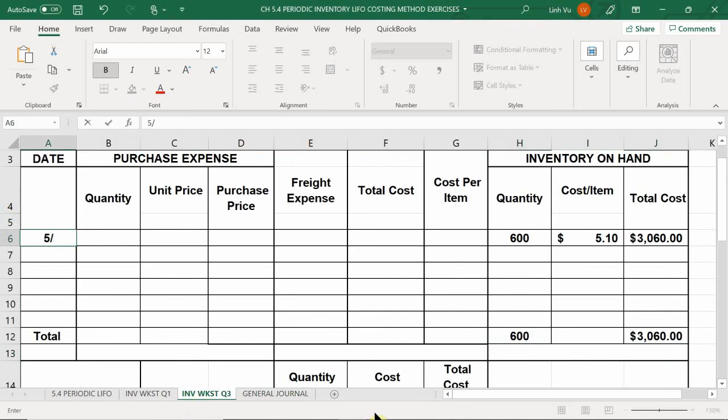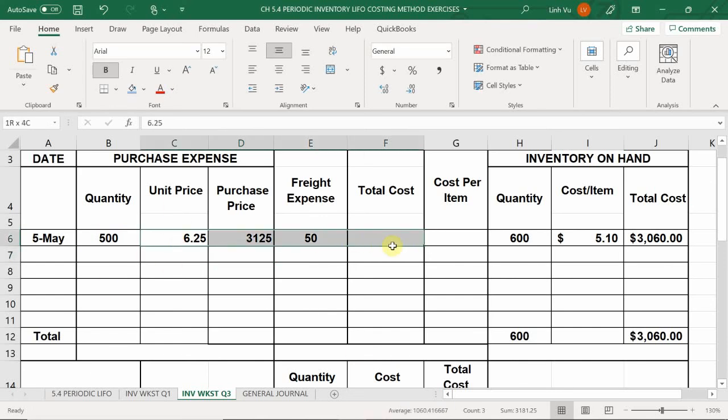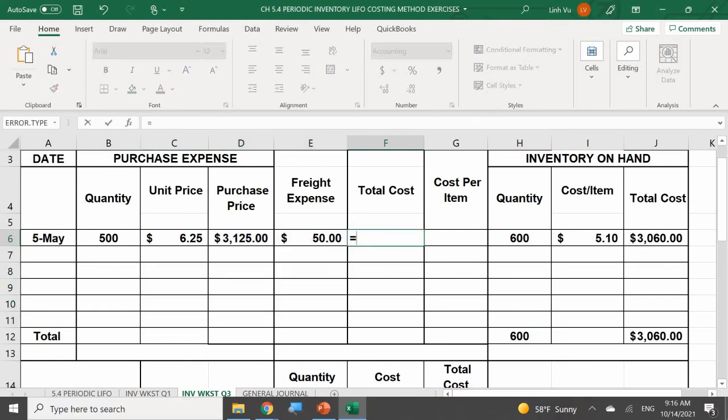We purchased 500 units at $6.25, with a freight of 50. So what's my total purchase price? $3,125. Plus 50, which gives 3,175.